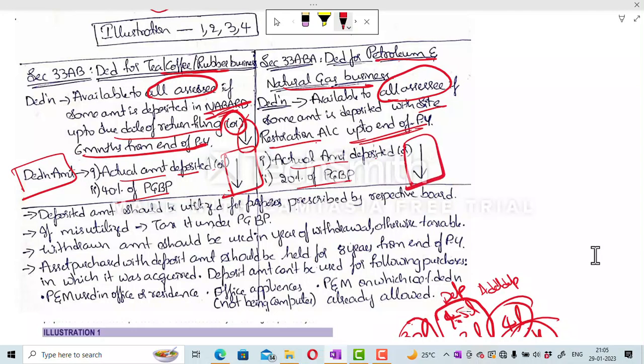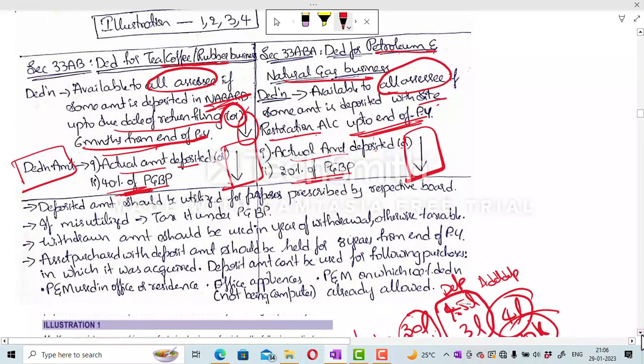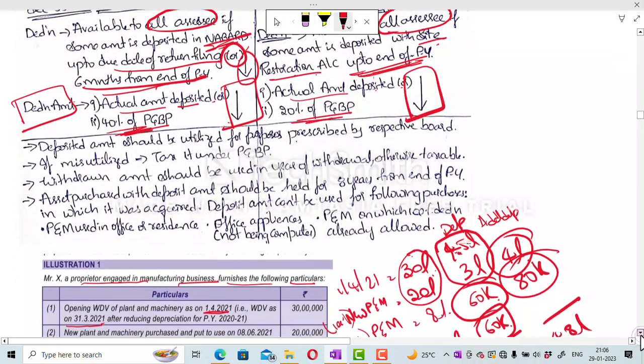Don't forget, here we should deposit in NABARD, here in the site restoration account, and here it is up to the due date of return filing or 6 months from the end of the previous year. Here it is up to the end of the previous year. And here the maximum amount is 40% of PGBP, here it is 20% of PGBP. Okay, there are other conditions. Let's check.